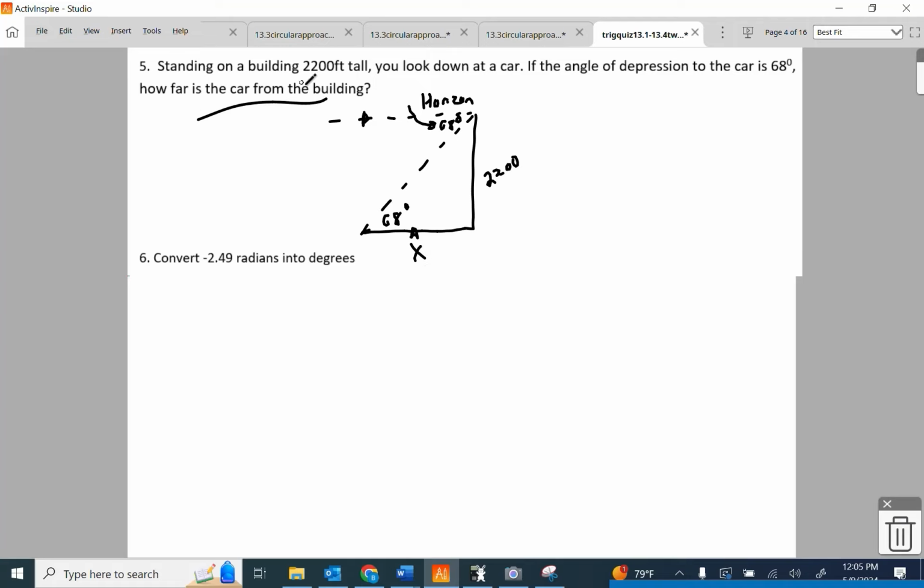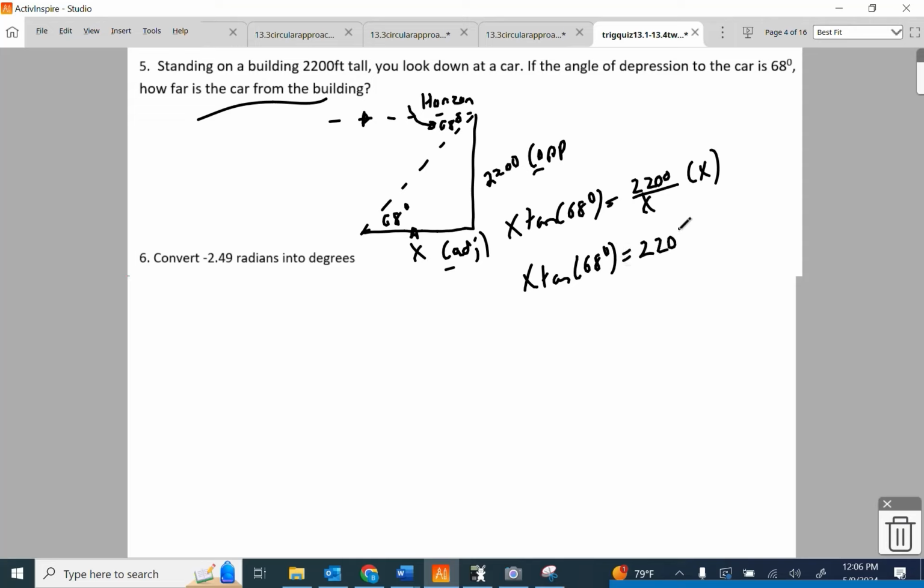Ta-da! What I have here is an angle, a side that is adjacent, and a side that is opposite. I focus on the O and the A, I know that the tangent of 68 degrees must be 2,200 over x. And by God, I know how to multiply both sides by x. X tangent, or cross multiplication, whatever you want to call it, they're the same thing, is 2,200.